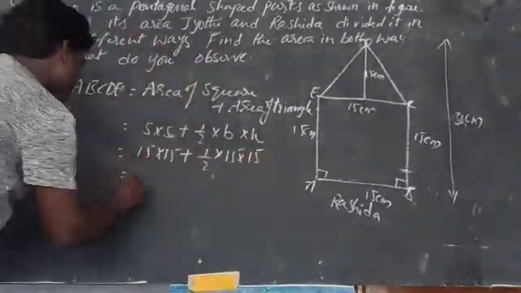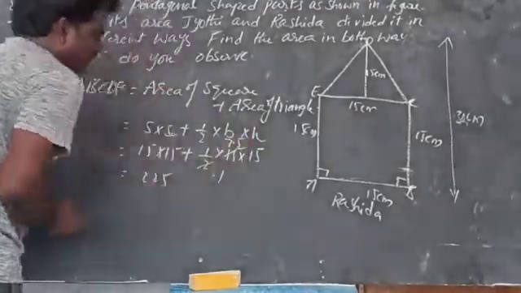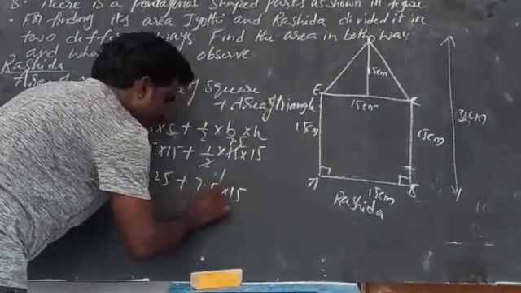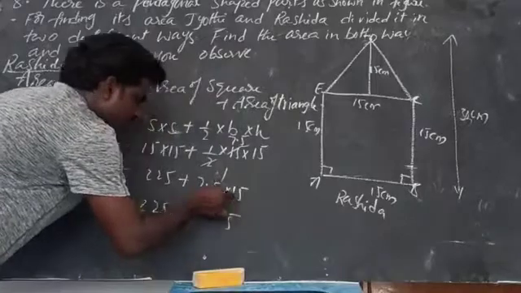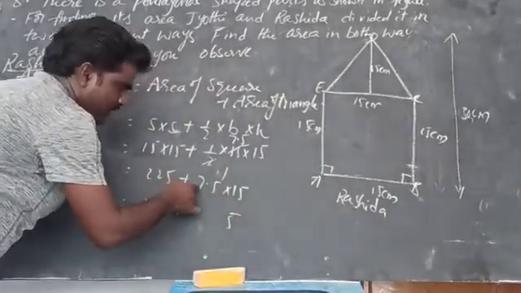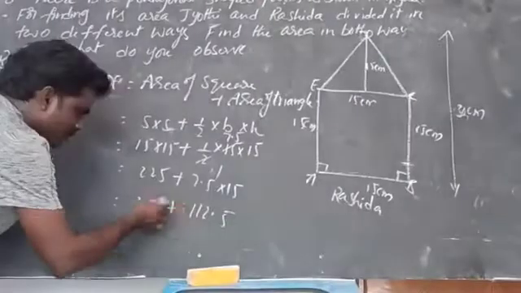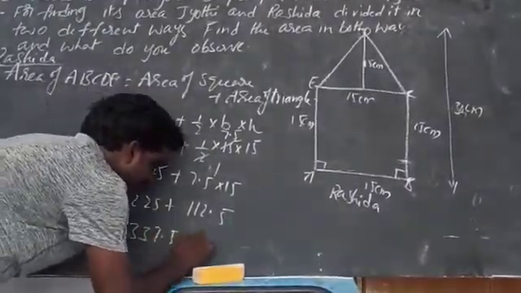So 15 times 15 is 225, plus 7.5 into 15: 15 times 5 is 75, 15 times 7 is 105, 105 plus 7 gives 112.5. So the total sum is 337.5 centimeters square.